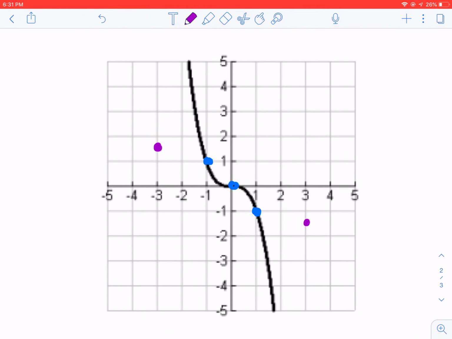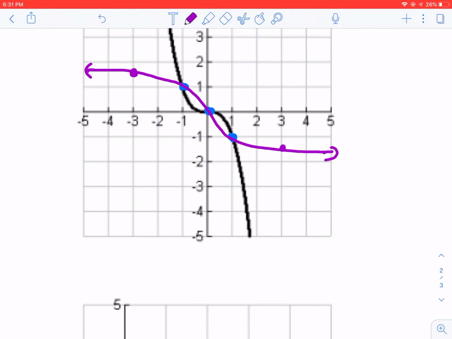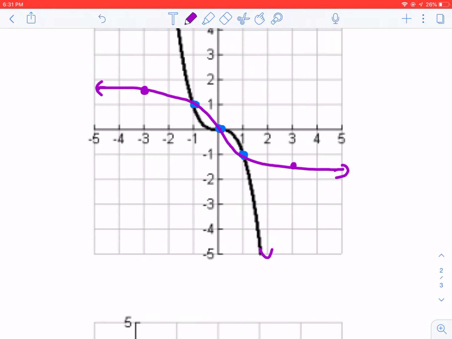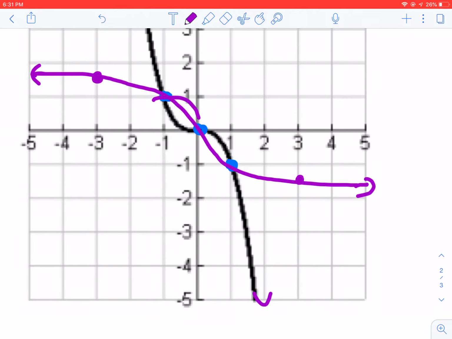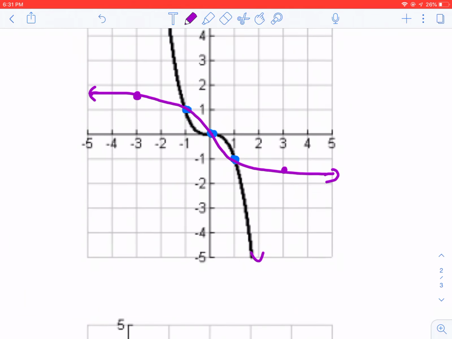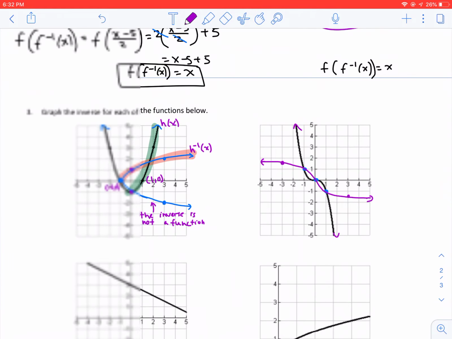So the function actually looks like that, our inverse function. I'm going to assume there's arrows at the end. Boom. And I probably should have made this a little more curvy, but hopefully you get the idea. Here's our inverse function.